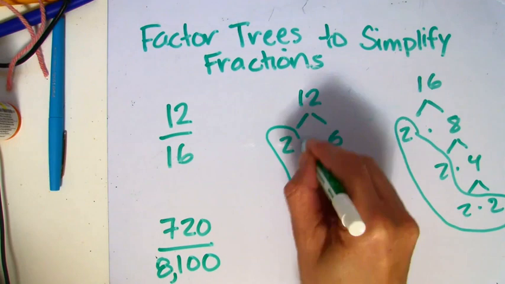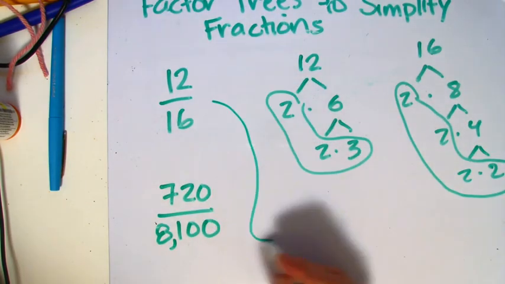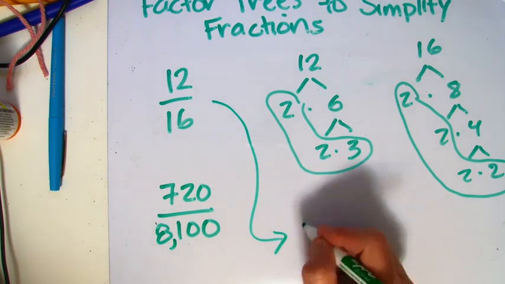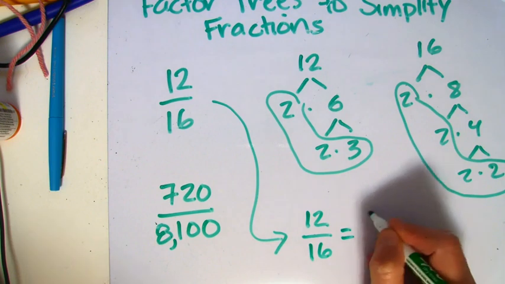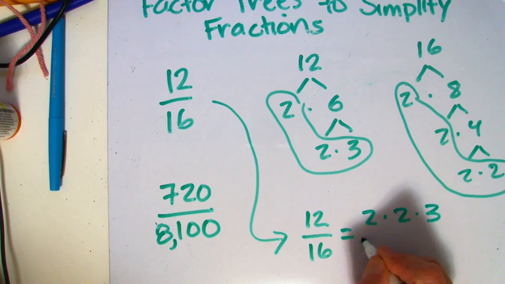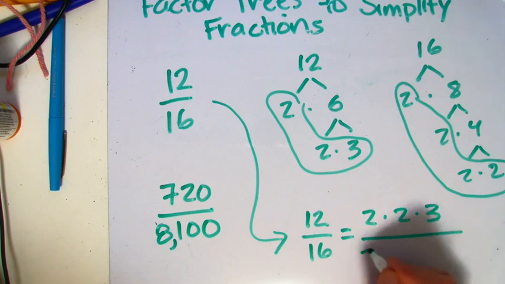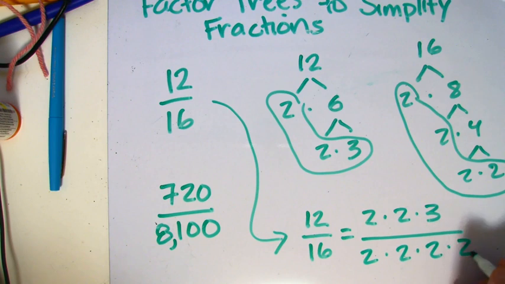Okay, now what we're going to do is write them, and I'll write them over here. For 12, we have 2 times 2 times 3. For 16, we have 2 times 2 times 2 times 2.